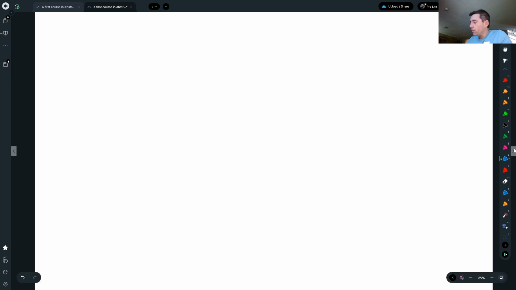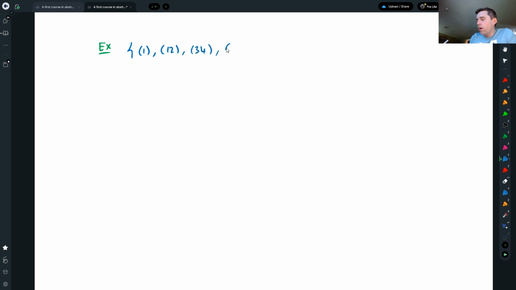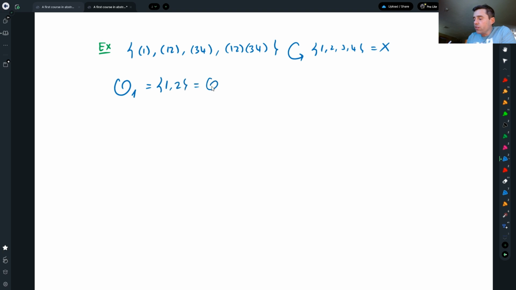Let's see another example where there are more orbits and more equivalence classes. So we had this other group, (1 2)(3 4), acting again on X, 1, 2, 3, 4. What are the set of equivalence classes? Now there are two different orbits. There is the orbit of 1, which is 1 and 2, the same as the orbit of 2.